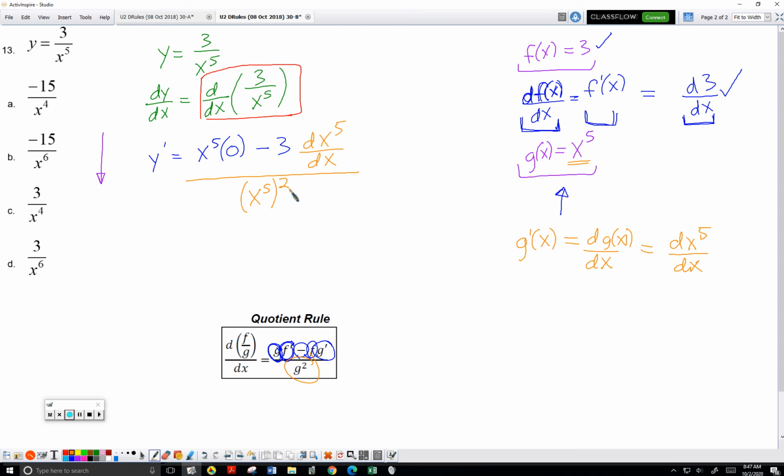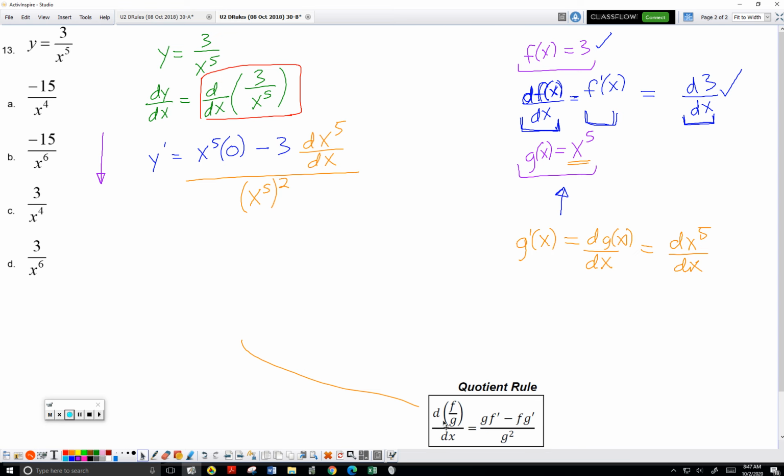Okay, next line is going to say, we're done with the quotient rules, so move that out of the way. Right pen. Come up here. Y prime is the same thing as y prime of x, so I'll just keep reminding you of the different symbols you might see on the AP test.